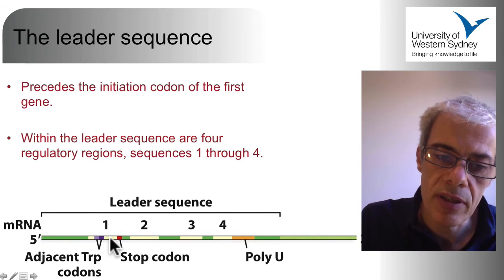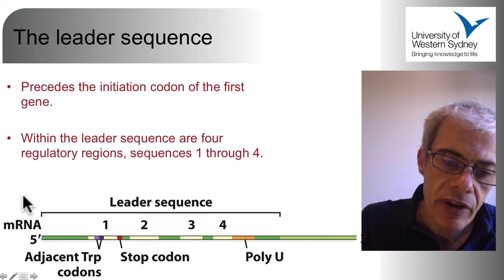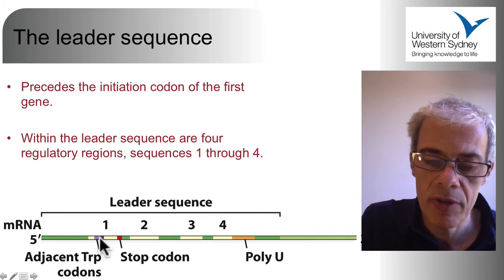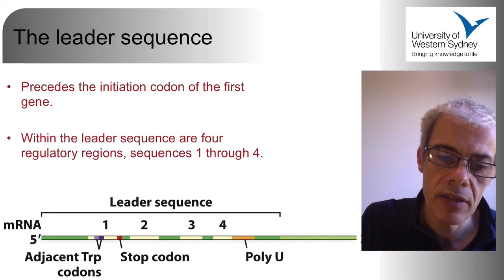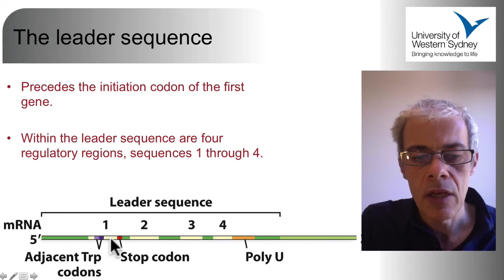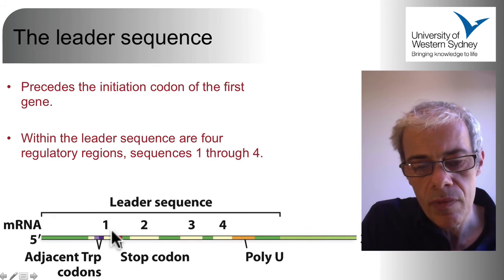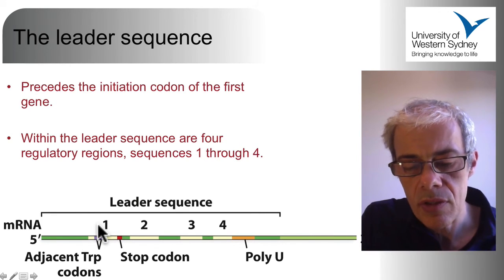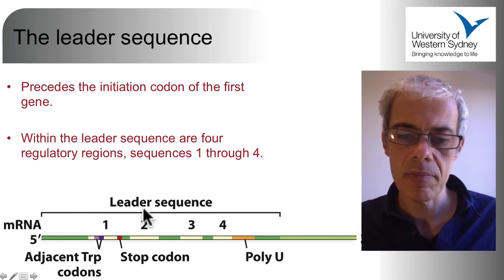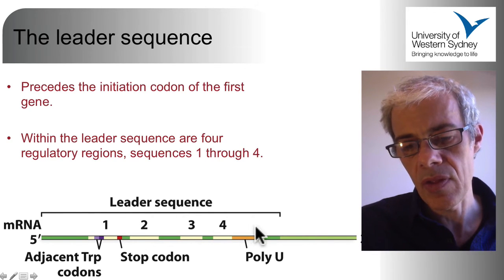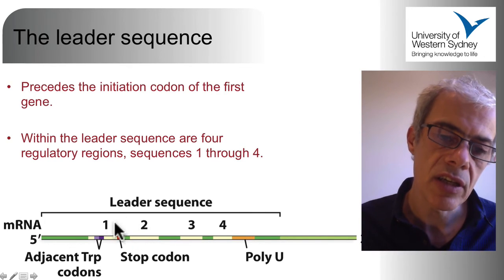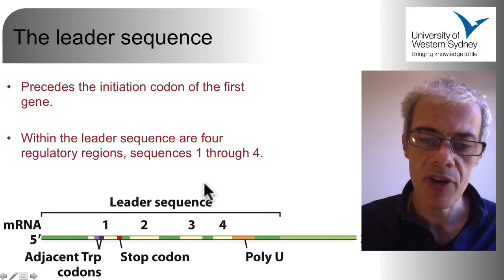If tryptophan is absent, then it's very difficult for the ribosome to read through these Trp codons because there is no tryptophan present. There are no charged tryptophan tRNAs, and therefore translation will pause here. So in this way the process of translation is sensitive to the amount of tryptophan that's present in the cell.